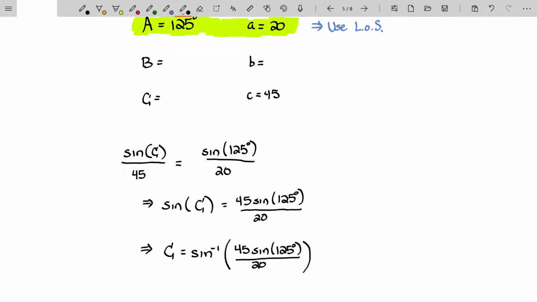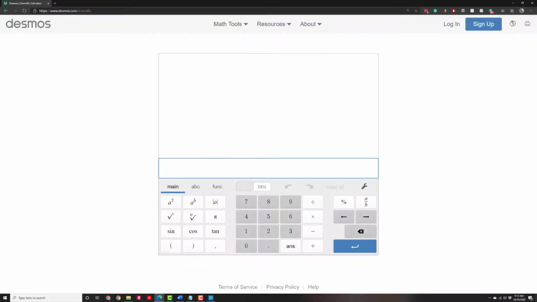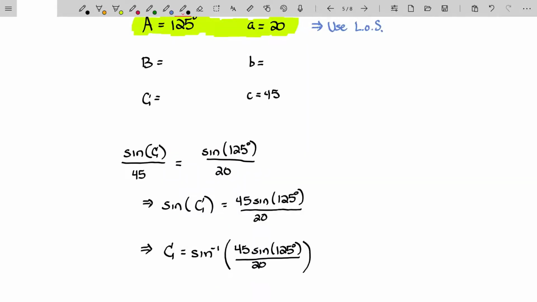Now, this is such a special case that I want to showcase my computations here. Notice I'm in Desmos and notice I'm in degree mode. I'm just going to do the arcsine of 45 times the sine of 125 degrees, divided by 20. Just double checking: sine inverse of 45 sine of 125 degrees all over 20.